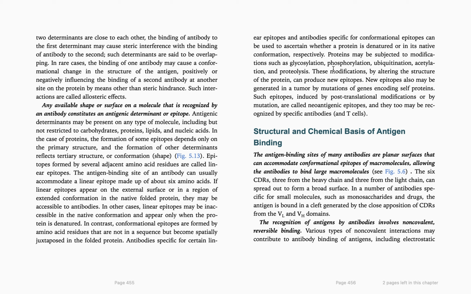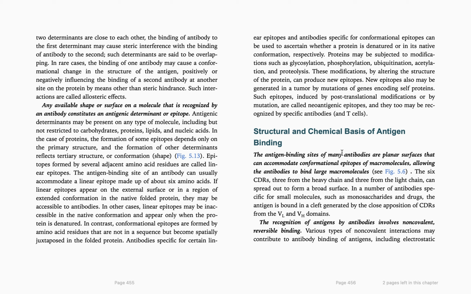These modifications, by altering the structure of the protein, can produce new epitopes. New epitopes also may be generated in tumors by mutation of the gene encoding a self-protein. Such epitopes induced by post-translational modification or by mutation are called neoantigenic epitopes, and they too may be recognized by specific antibodies.